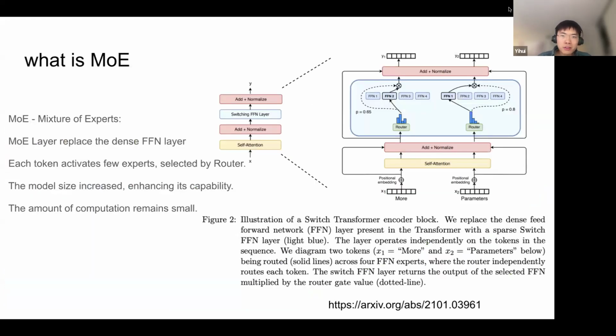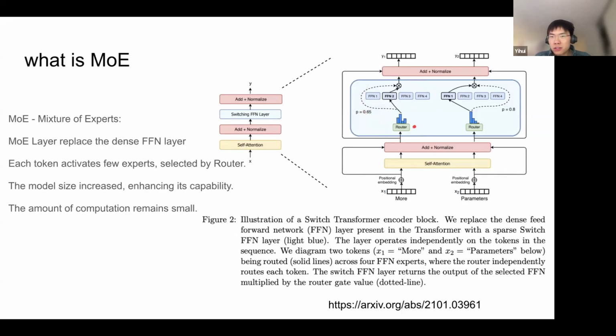So what is MoE? Here is a very simple diagram from Switch Transformer. For the traditional LLMs, transformers, you have the self-attention, the residual and layer norm, and then you have an FFN layer, which is just two linear layers, and then the residual. MoEs transform the FFN layer into multiple copies of it.